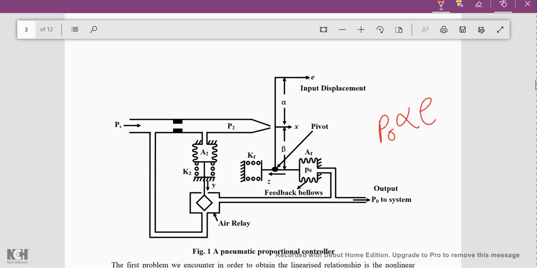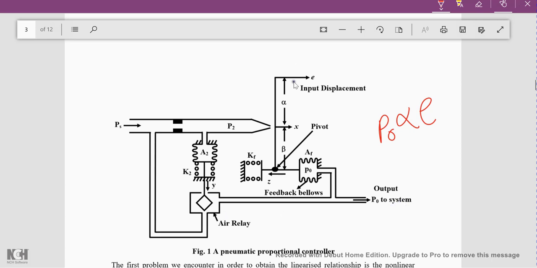We will not go into the details of how it is done. Let us say it has been done and it is kept at a particular position to maintain the pressure P2, so that the output pressure through the air relay is maintained at the required value.